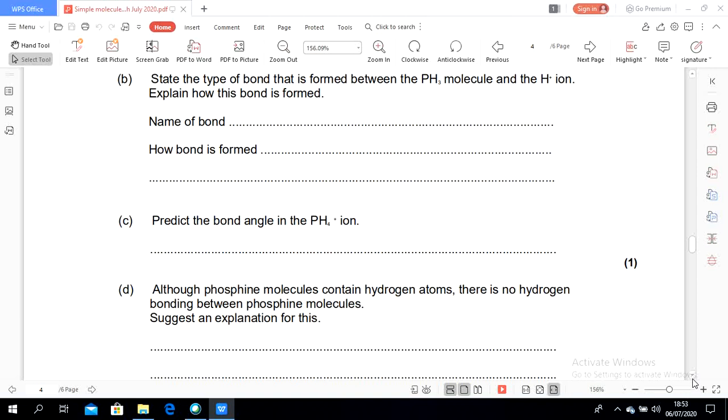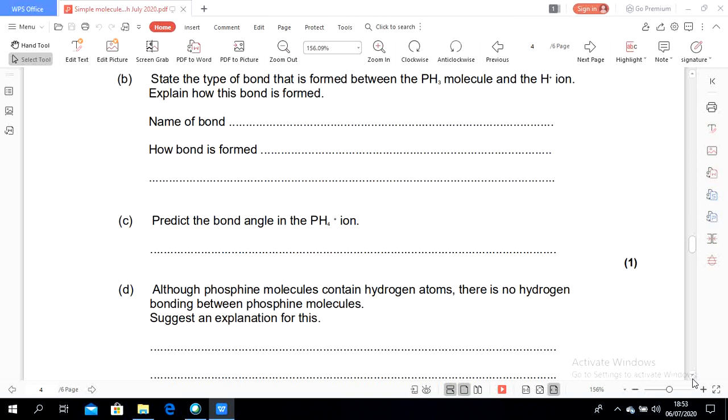So the PH4 positive ion has a tetrahedral shape with angle 109.5 or 109 degrees. Although phosphine molecules contain hydrogen atoms, there is no hydrogen bonding between phosphine molecules.